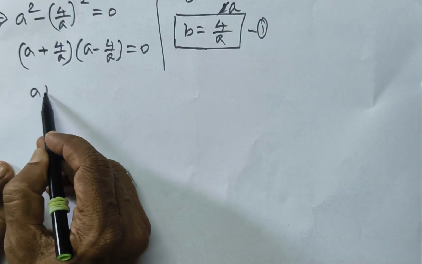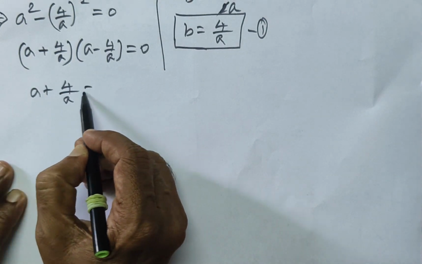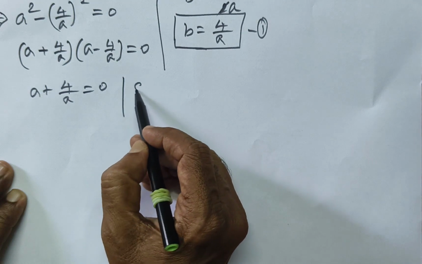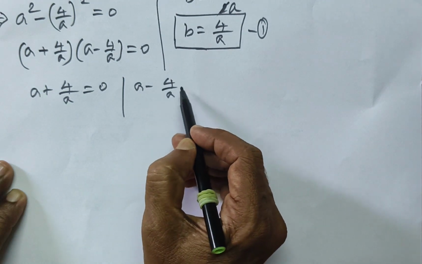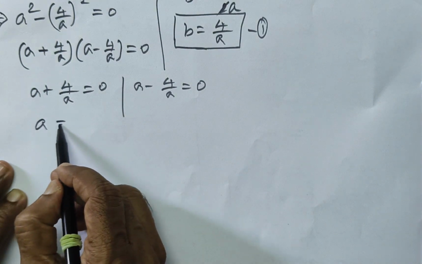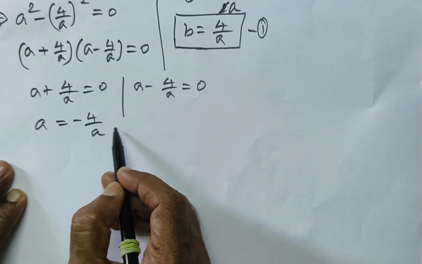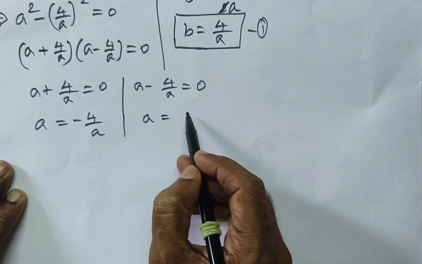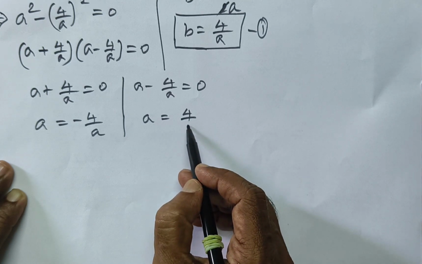Now a plus 4 by a is equal to 0, or a minus 4 by a is equal to 0. Therefore, a is equal to minus 4 by a, or a is equal to plus 4 by a.